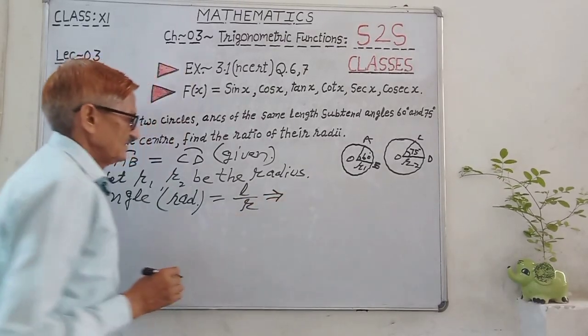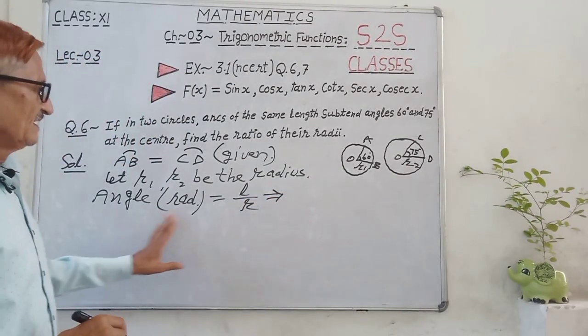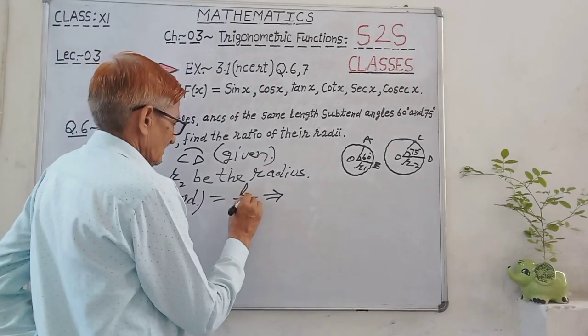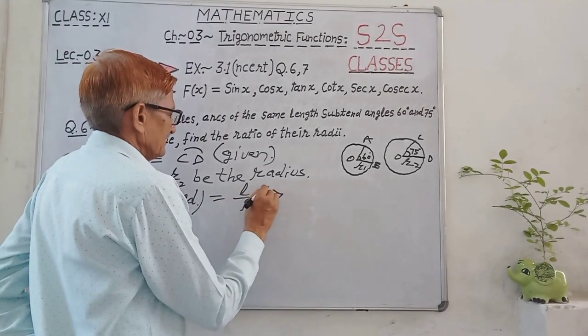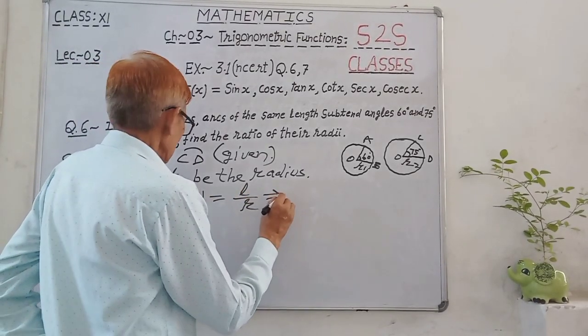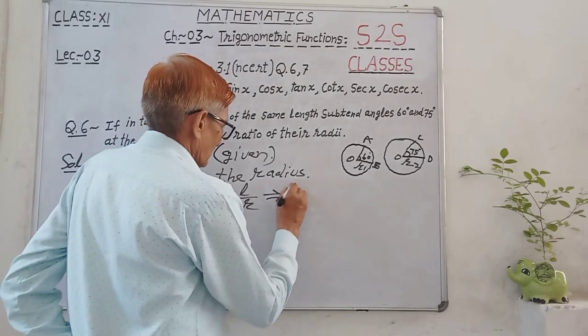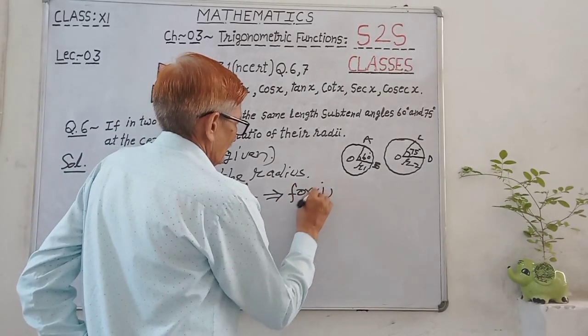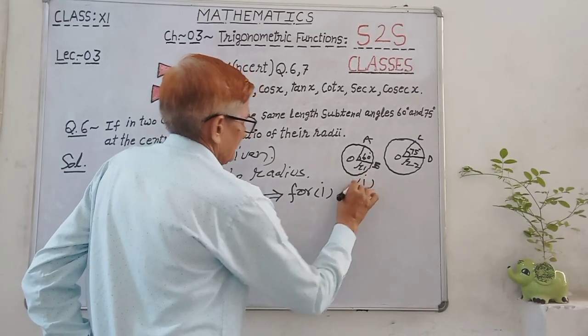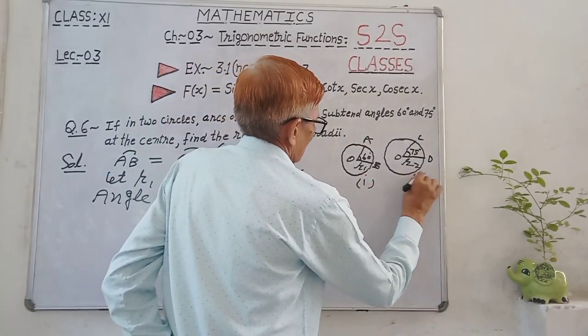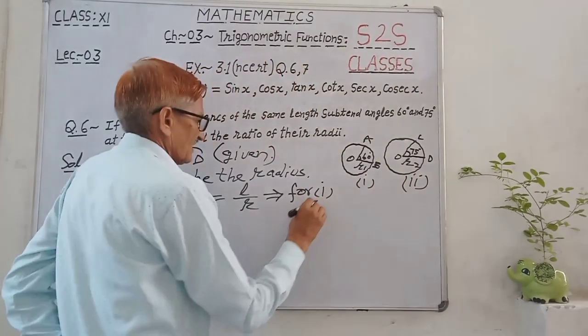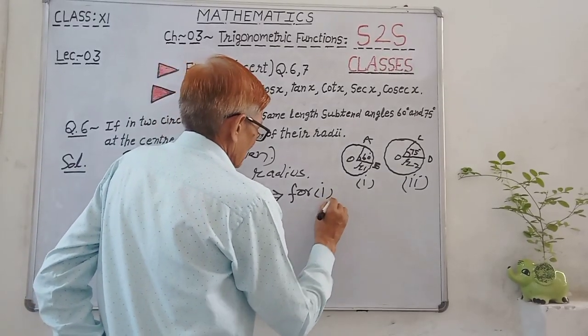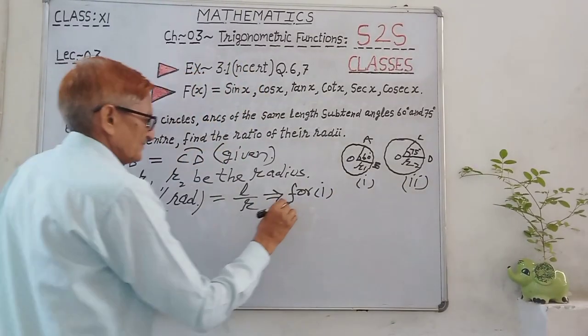Okay, then length of arc for first circle L1 and radius R1. So for first circle, this is first circle, this is second circle.